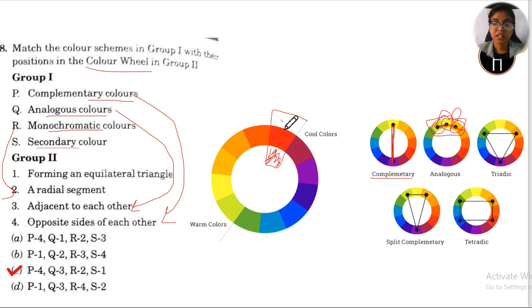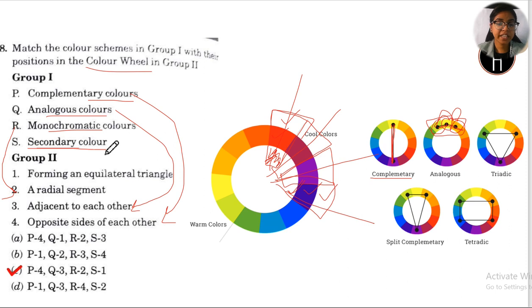Then we have a shade, and again a shade of the color. So it will form a monochromatic color. The monochromatic color wheel looks like a fan shape, in which you see the tints and then shades of the same color in a radial segment. That's why we say monochromatic colors are a radial segment.